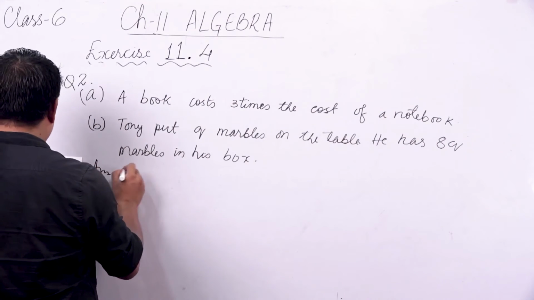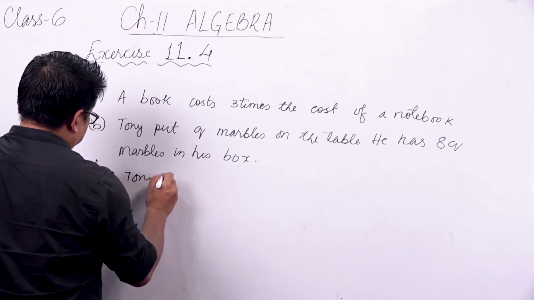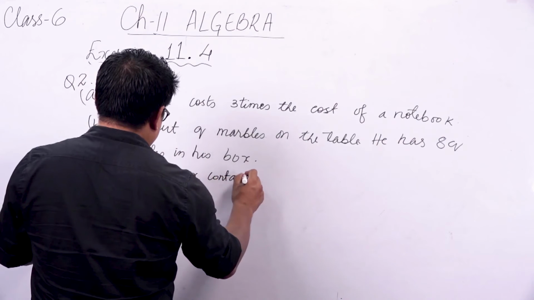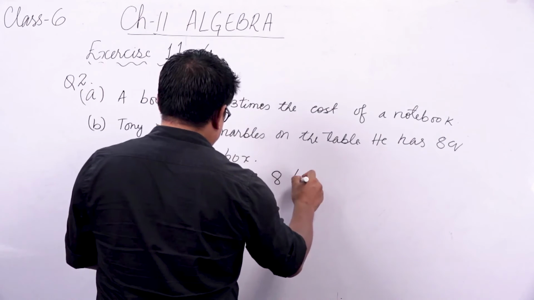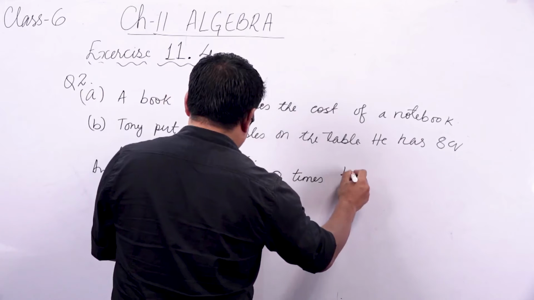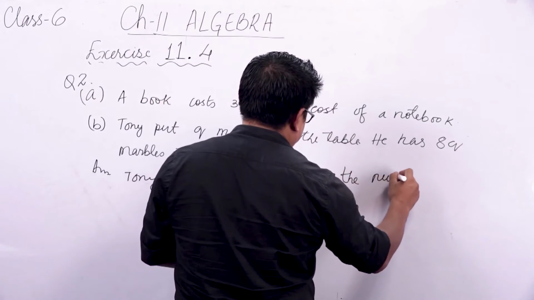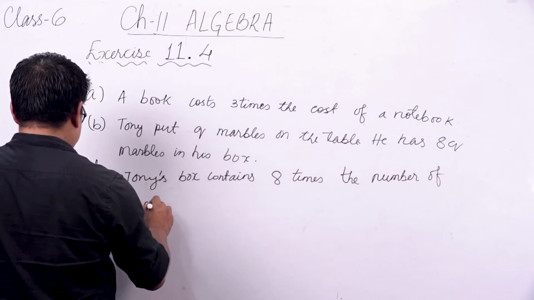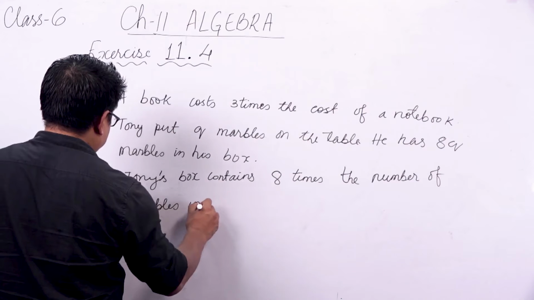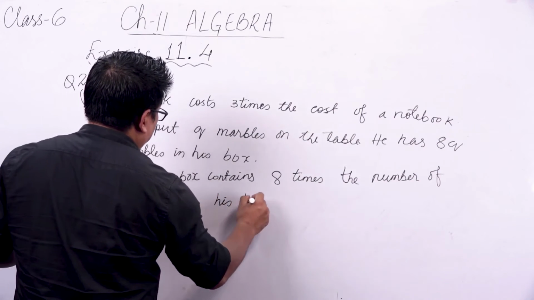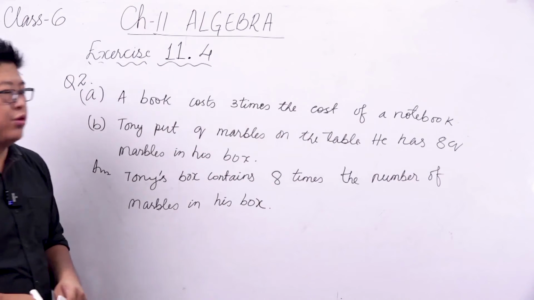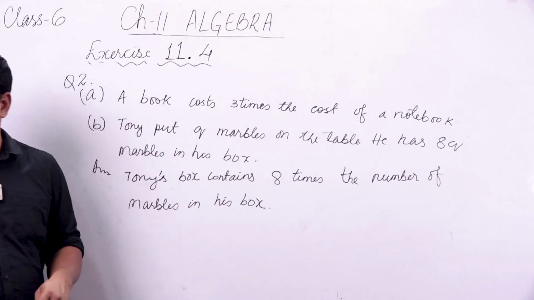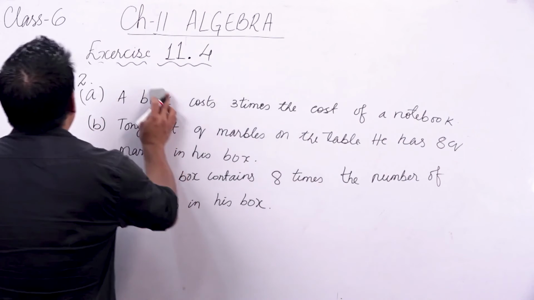The answer will be in this manner: Tony's box contains 8 times the number of marbles on the table. All right. So this is how you will interpret the statements given.